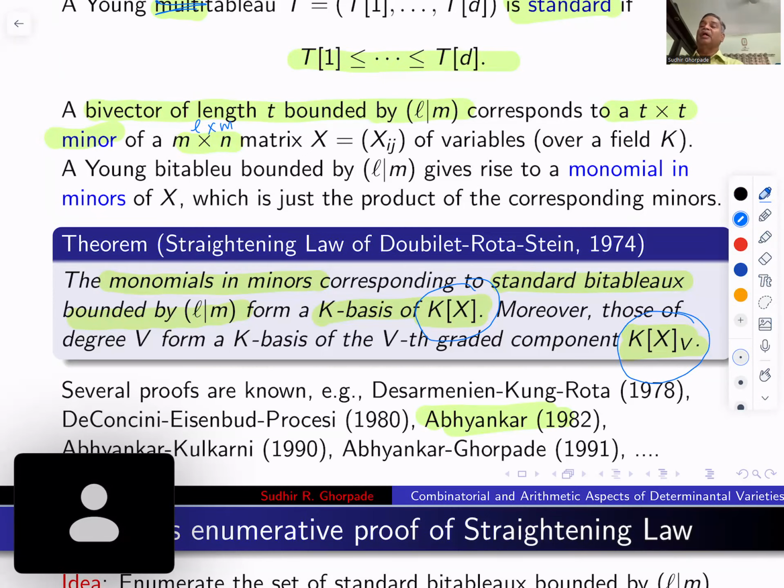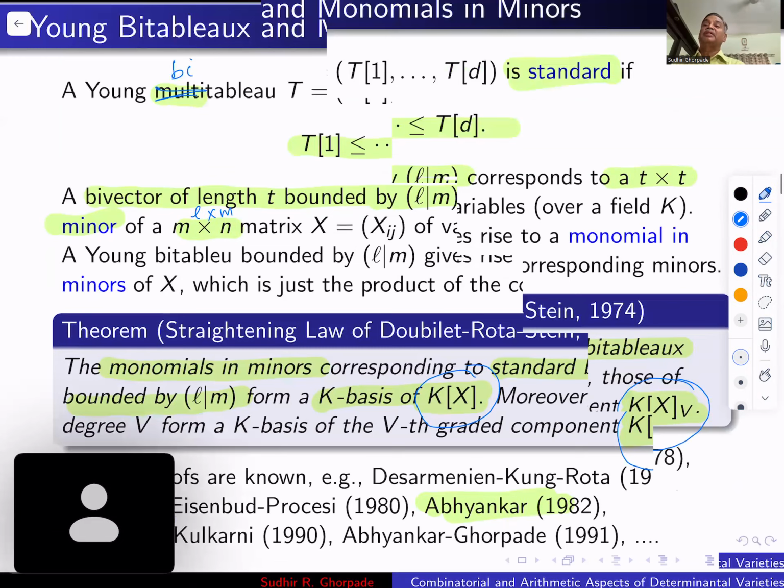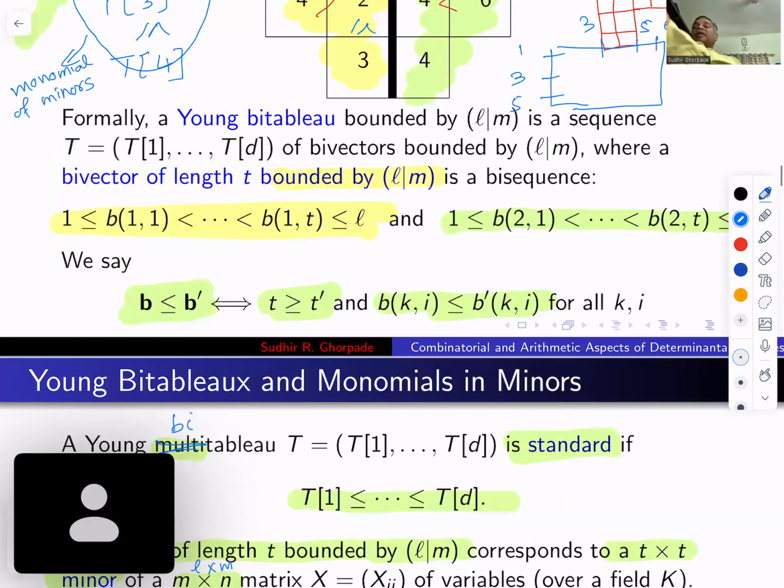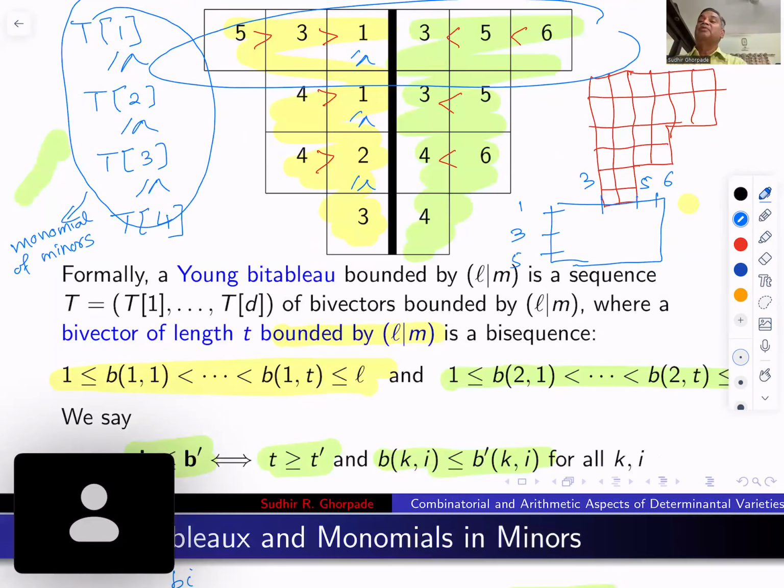Mind you, those of degree v will exactly correspond to those standard bi-tableaux for which the area, what I call the area, is just the sum of row lengths, or the number of entries on one side. So here the area is 3 plus 2 plus 2 plus 1, so that is 8, I guess.